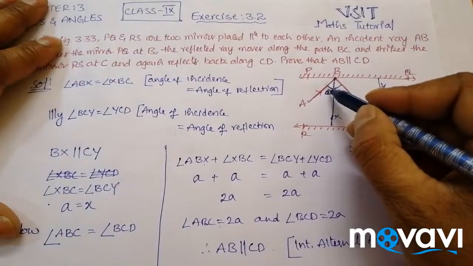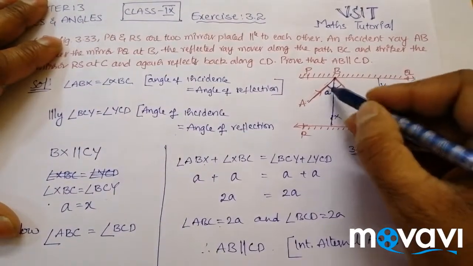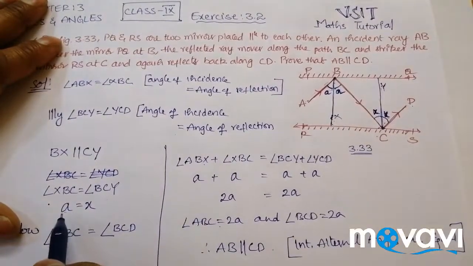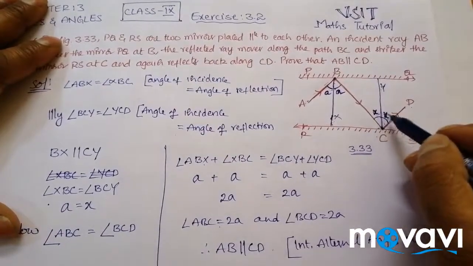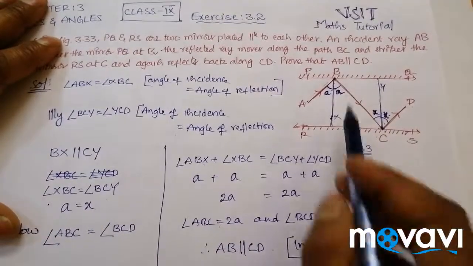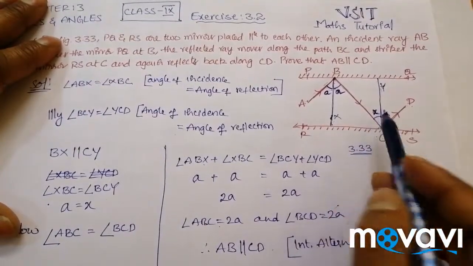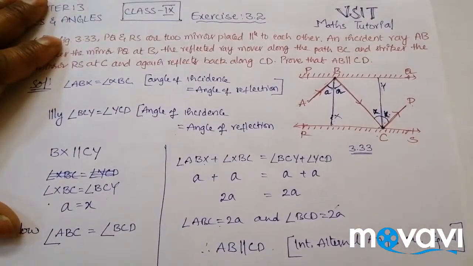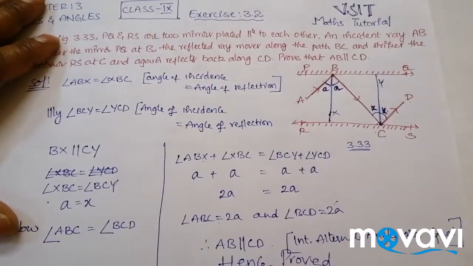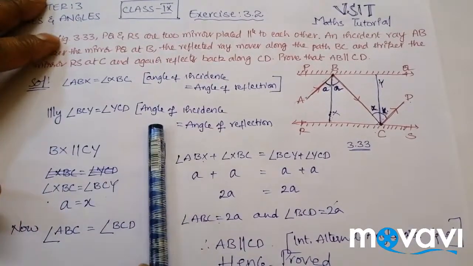Here the interior alternates are A plus A, 2A, and X plus X, but X is equal to A, as we proved here. So here 2A and here also 2A. Therefore interior alternate angles are equal, and if interior alternate angles are equal, then surely AB and CD are parallel. Hence proved. This is the procedure to solve the problem.